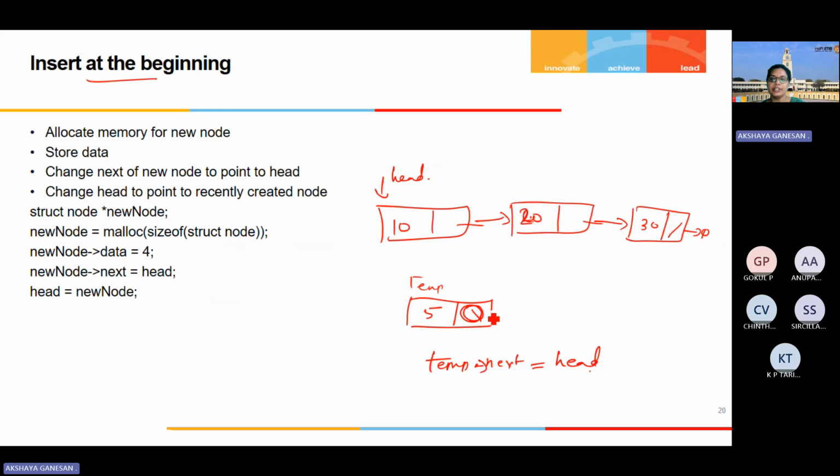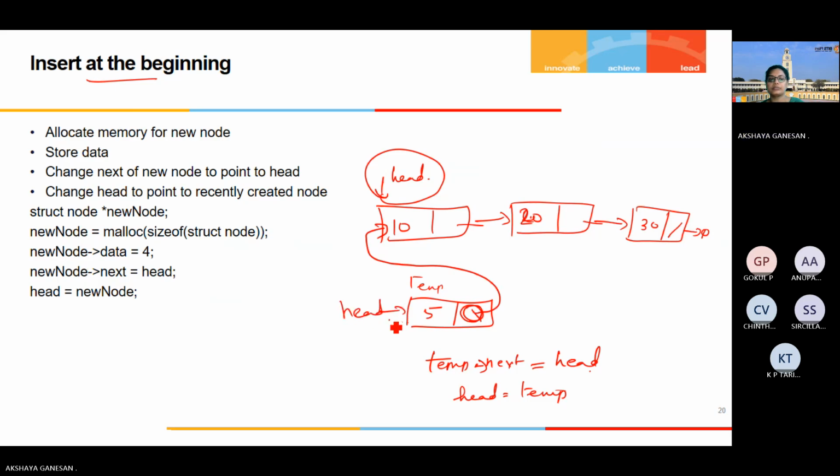Head is assigned to this, which means this pointer will be pointing to this value. Now this is no more the head. This has to become the head. So we assign head is equal to temp. So this will become the head now. Okay, so that is the insertion at the beginning.